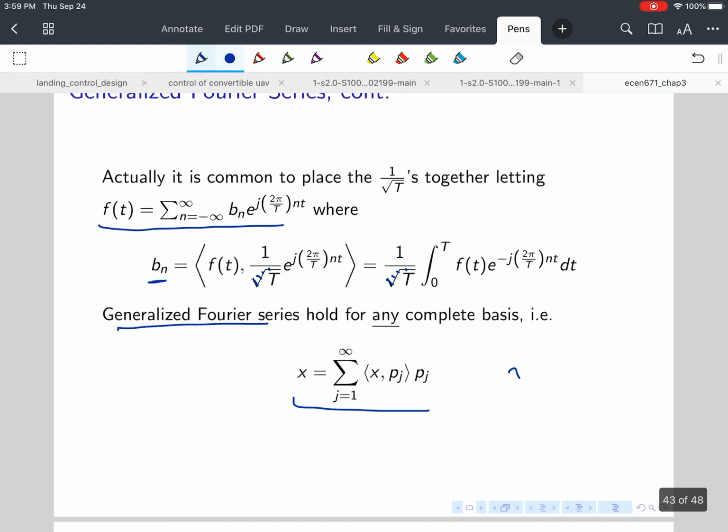Or another way to think about it is x is equal to the summation j equals 1 to infinity of cj pj, and then cj is going to be the inner product of x with pj. In one case we have a function of time, since the pj's are functions of time, and then we've got our Fourier coefficients. So these would be Fourier transform pairs.